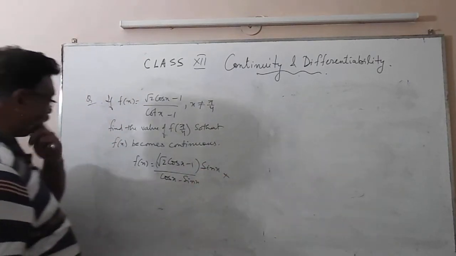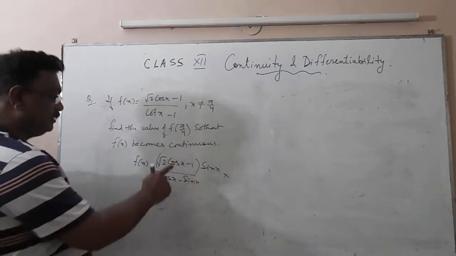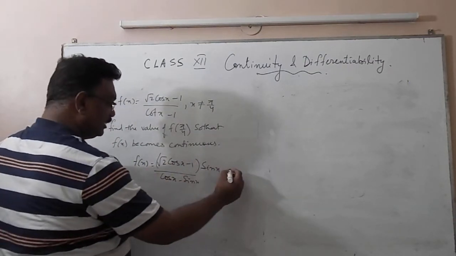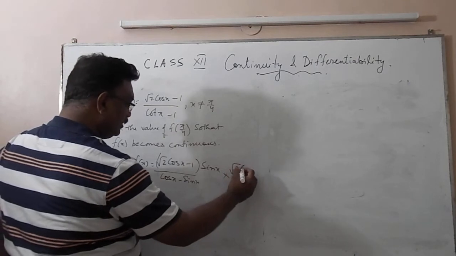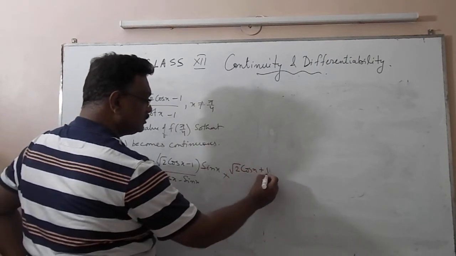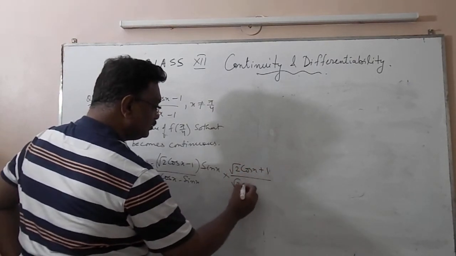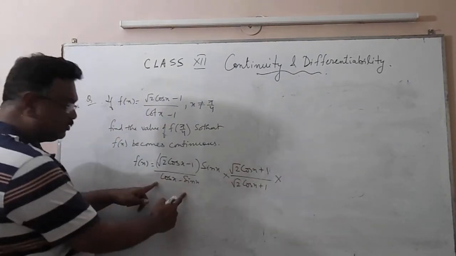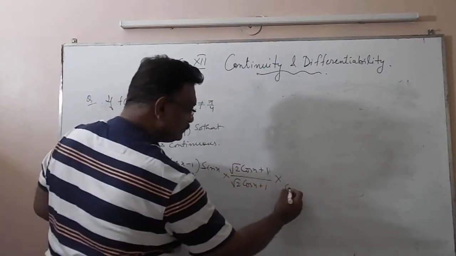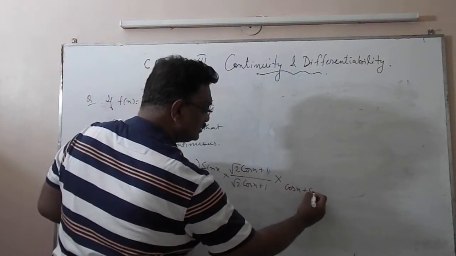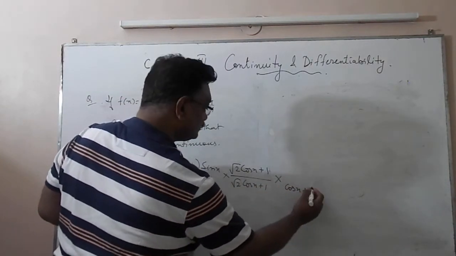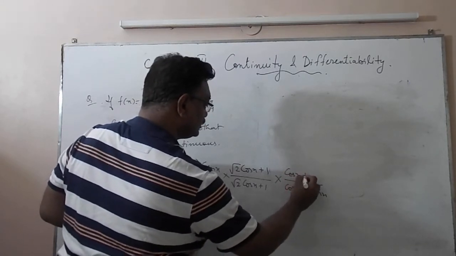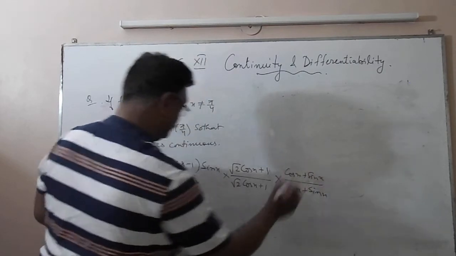So before simplifying it further, I will rationalize the numerator as well as the denominator. Rationalizing the numerator will give me root 2 cos x plus 1 upon root 2 cos x plus 1. Similarly, with cos x minus sin x, I'll rationalize using cos x plus sin x, cos x plus sin x.